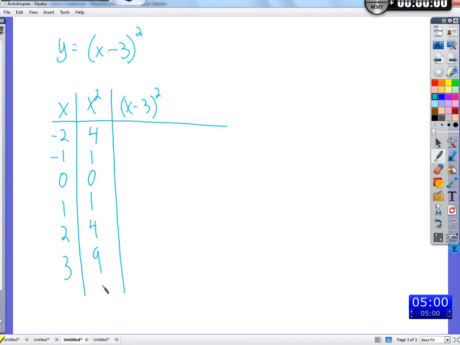We're still just squaring numbers. So this function does the same thing as this function. It takes a number and it squares it. The only difference is when you put a number in, you change it first and then you square it. But we should be able to get the same outputs. We should be able to get 4 and then 1, 0, 1, 4, 9. Inside here we should be able to square -2 and square -1 and square 0, okay?